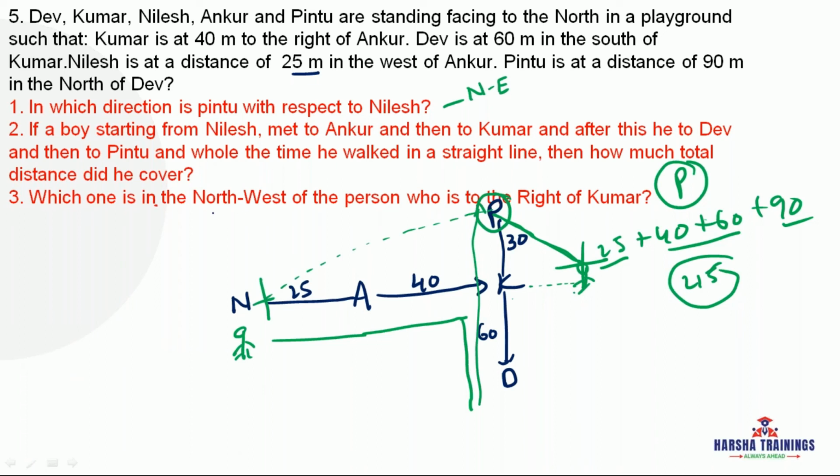Which one is northwest of the person who is to the right of Kumar? Kumar's right-hand side, one person is here. That person's northwest direction, this is the northwest direction, right? So which person is here in the northwest direction? Pintu. That is the answer. The third question answer is Pintu. Is it clear, all of you? Any doubts regarding this question?